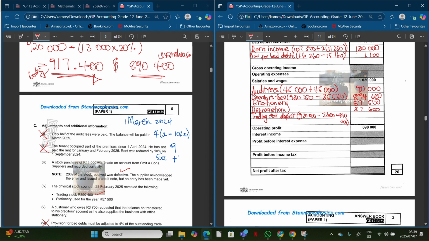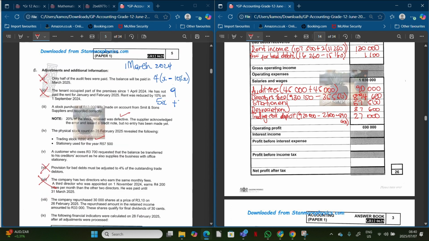Then how much do you get now? You're going to have 917,400 minus 890,400. Then in total, the deficit that we have is 27,000. That's the deficit that we have of 27,000. Right. So I hope that transaction also made sense right there, of the trading stock deficit.